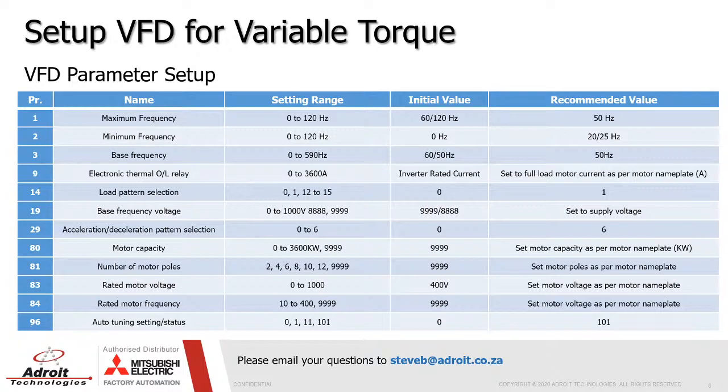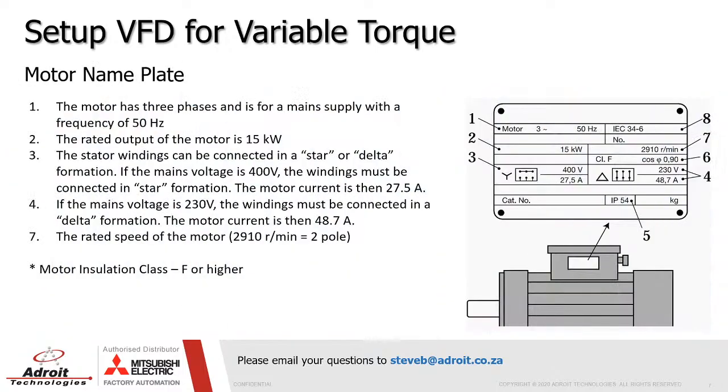Now, if we look at a typical motor nameplate, the nameplate will have information that's important to us to program the VFD. First of all, we'll see the phases of the motor, whether it's a three-phase or a single-phase motor, and the base frequency of the motor.